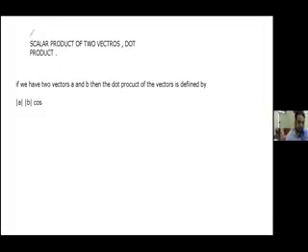Now let us look at I dot j. I dot j is 1 into cos 90. The vector I is along the x-axis, vector j is along the y-axis.